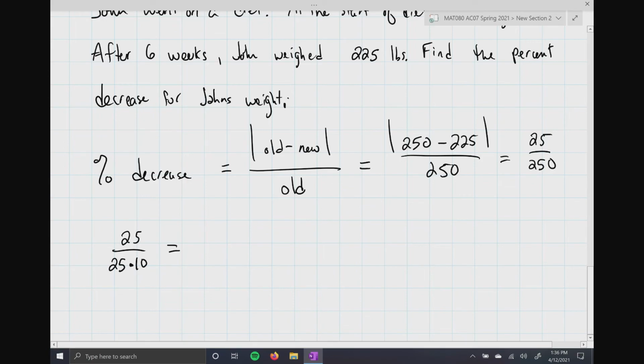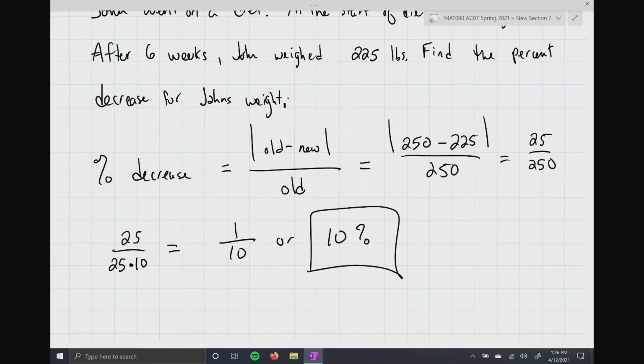And the 25s reduce. And since the 25s reduce, I'm left with 1/10 or 10%. So my percent decrease was 10%. Does that make sense, everyone? Are there any questions?